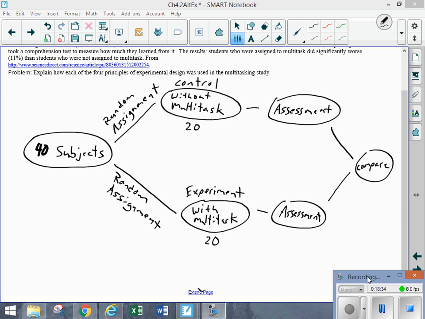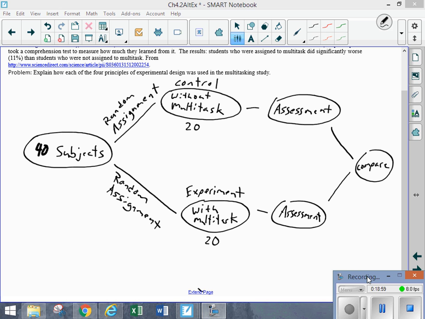We're going to look for, did we compare? Was there some sort of control? We need replication, and then random assignment. So here we go. Replication, I don't know, 20? So replication is talking about, did we do it enough times? Were there enough subjects?